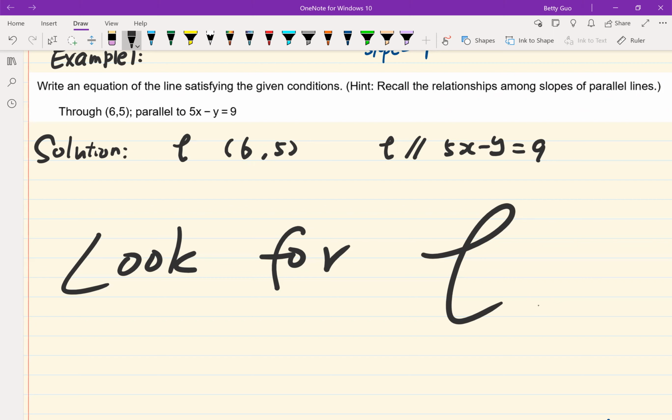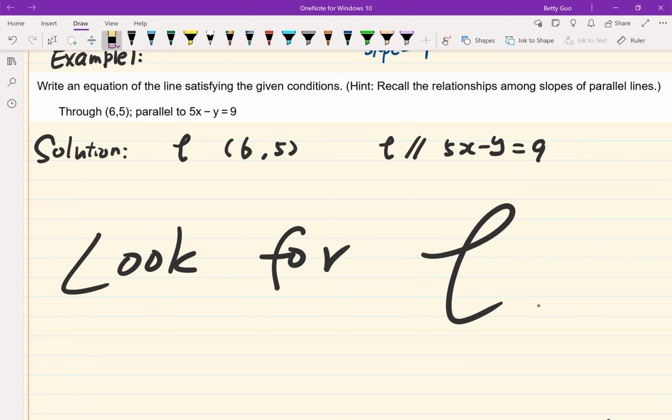Second condition, we can find the slope for the line. Even though it's not given directly, we can work on it to get a value for the slope, right? So with a point and slope, would it be natural to find the point slope form of the straight line? Am I clear? Okay, very good. So that's the idea for this problem.